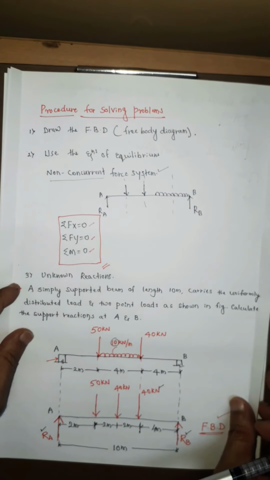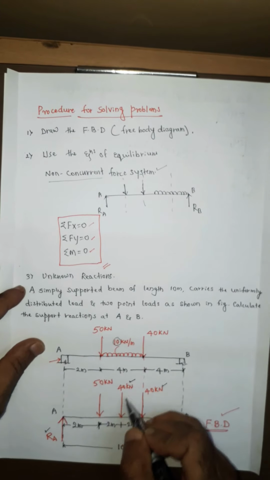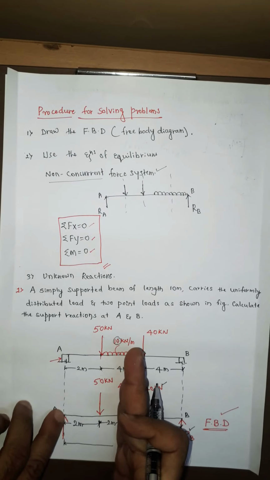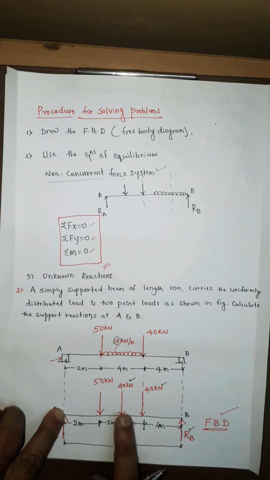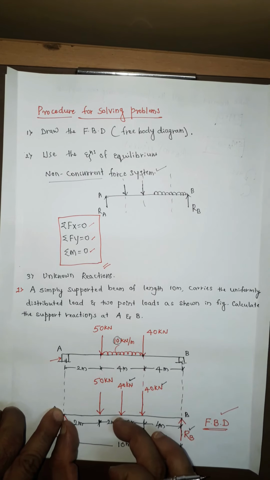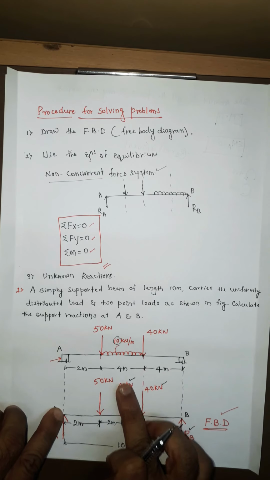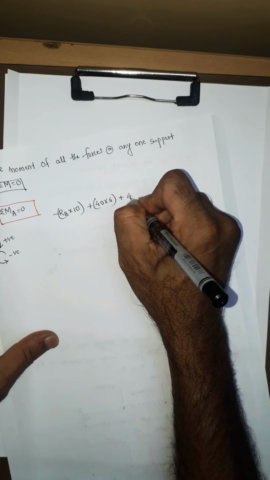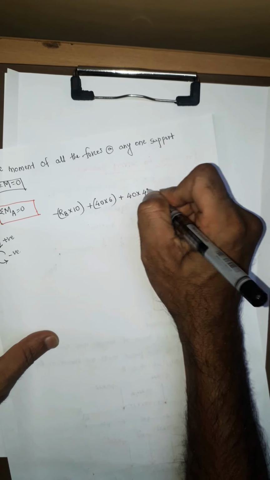Next, the moment of this 40 kilonewton. Again this is a 40 kilonewton force and point A is here. The perpendicular distance between this 40 and A is 2 plus 2, 4 meter. With reference to A, again this is going to produce clockwise. So again this is plus 40 into 4.